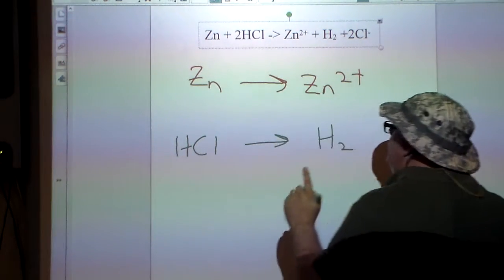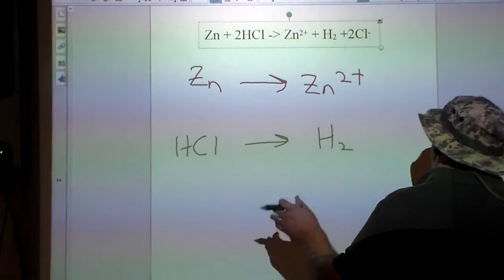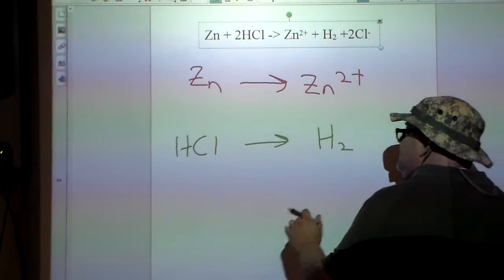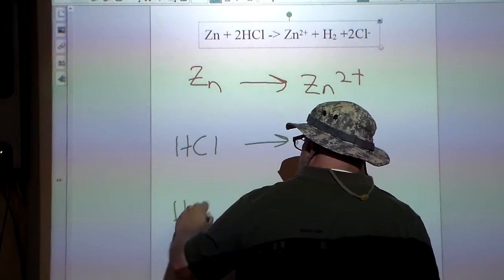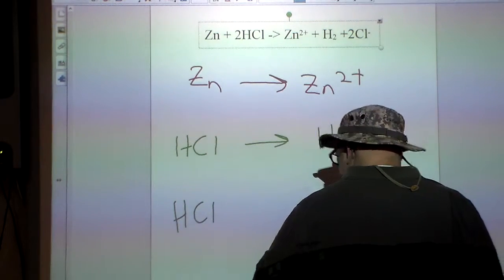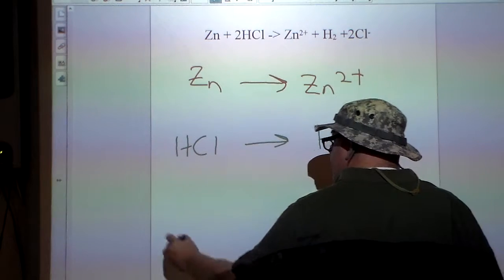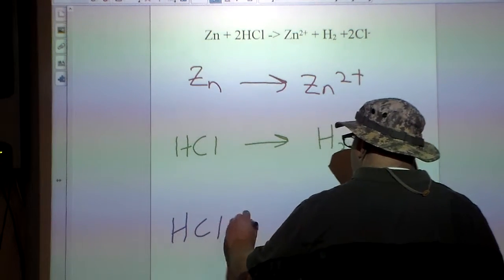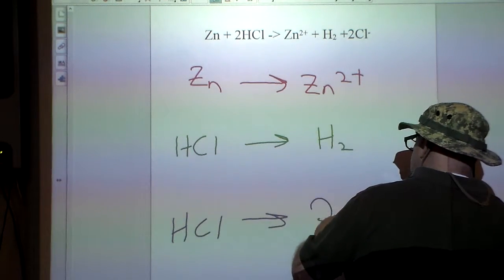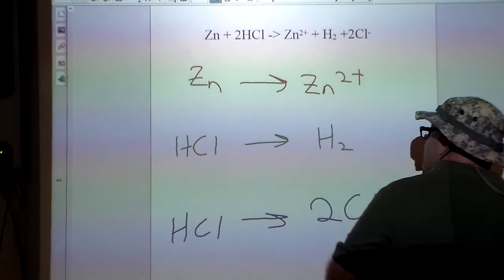All right, now what we're looking at, ladies and gentlemen, is not balancing the reactions. We're just looking to see what happens with the individual charges. And on this next one, we have, again, HCl breaking off into 2Cl minus.